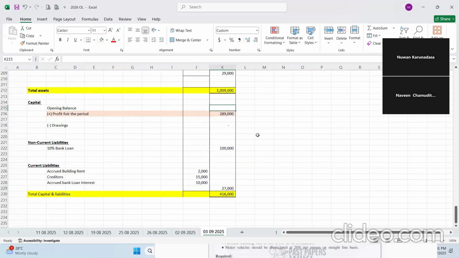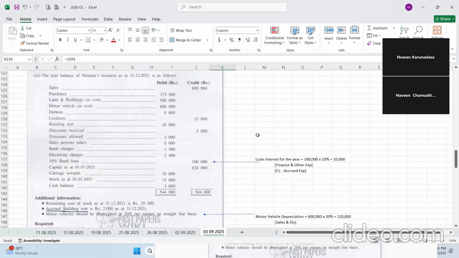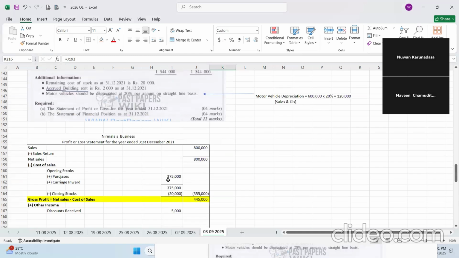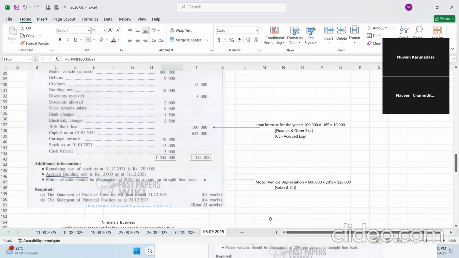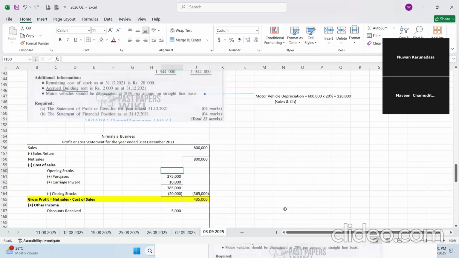Then capital, opening balance to statement of financial position, 624,000. Done. Then carriage inward, it's here 10,000. Stock opening balance 15,000 to income statement.